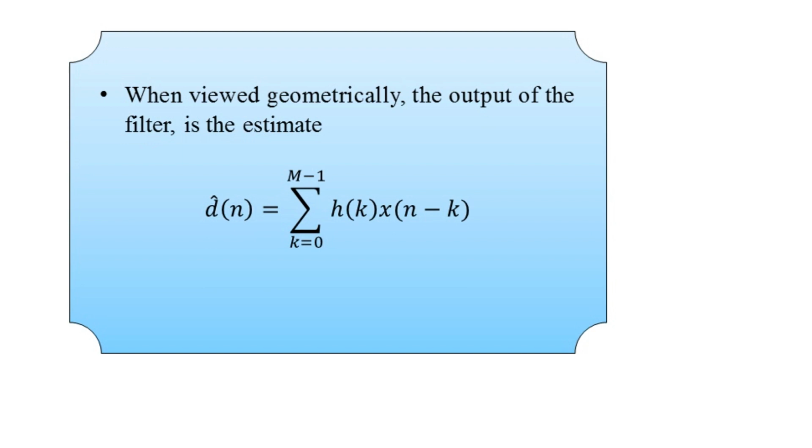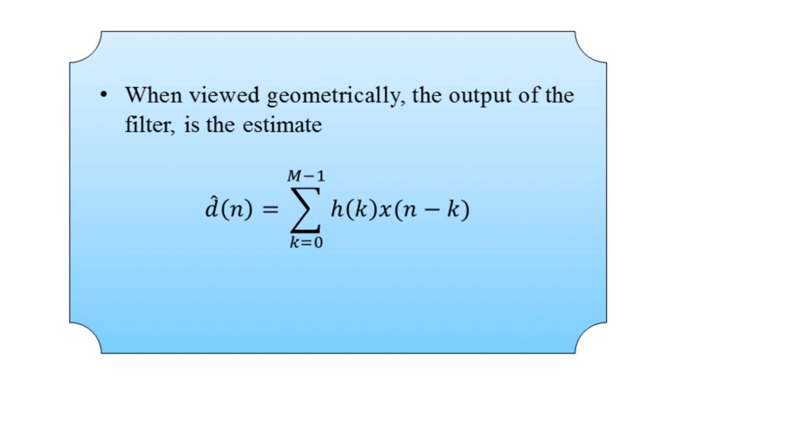When we talk about the error, which can be denoted e of n, it is a vector from d of n to the estimate d cap of n. So we show d of n is equal to the addition of e of n with d cap of n. We will show you the error from the geometric point of view in the functional space.